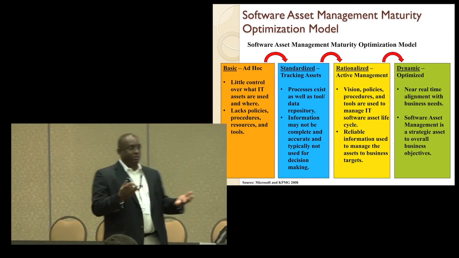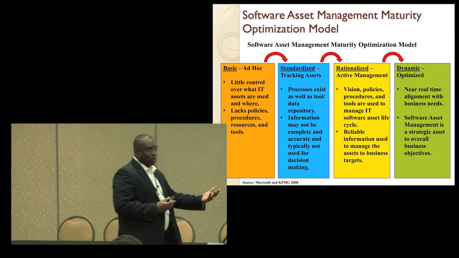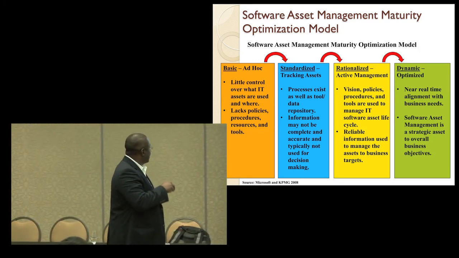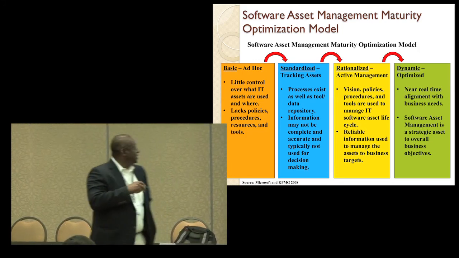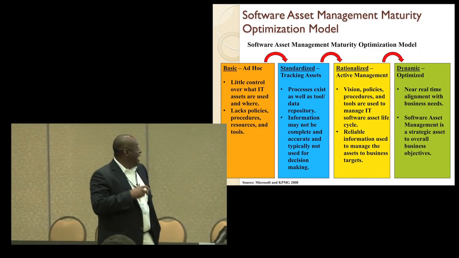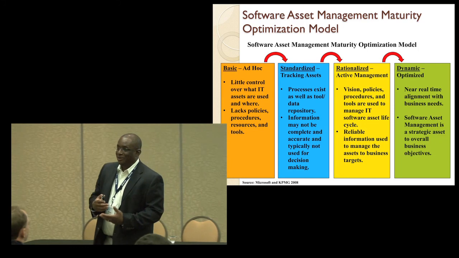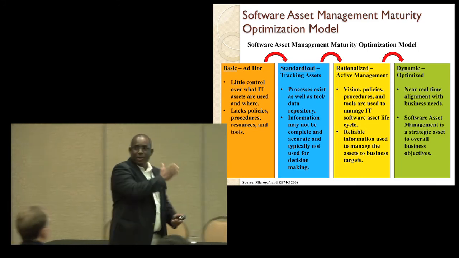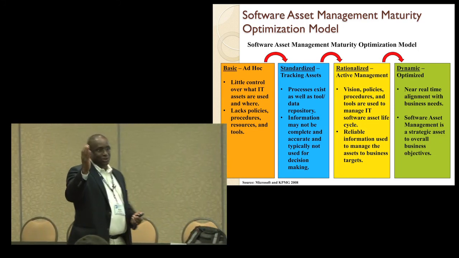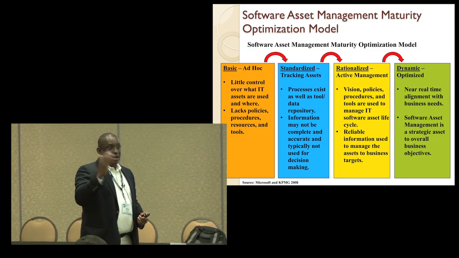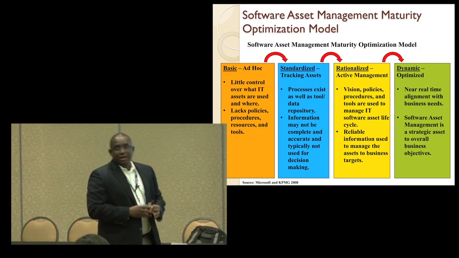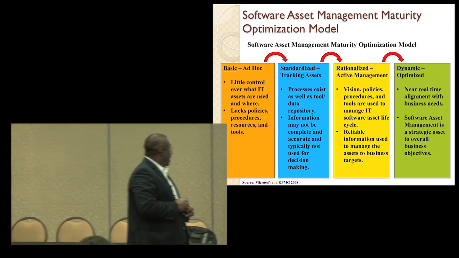It's still a repository and still something you can go to. As you progress, where you want to get to is being dynamic, where SAM is really an asset to the organization from a strategic perspective, because now I can plan and look at how my organization is growing, account for that, and manage the financial risk associated with it.